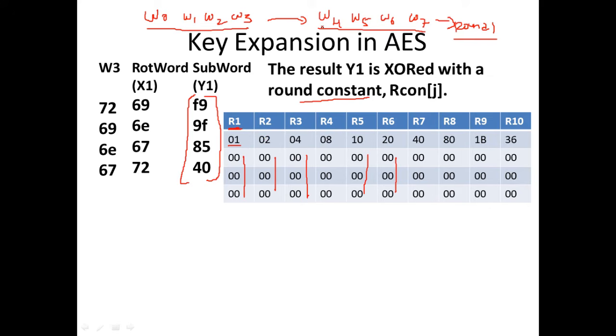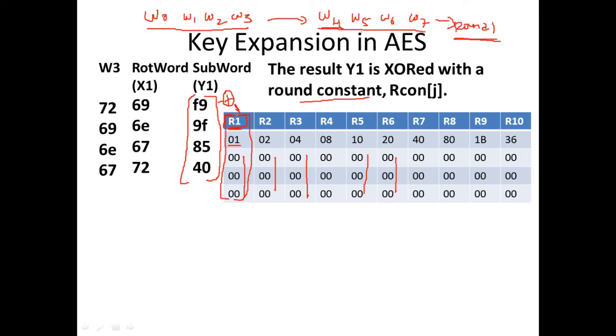Say now I am trying to find the value of W4, W5, W6 and W7, which is corresponding to round 1. So I will take the round constant R1. What is this R1? It is nothing but a word of 32 bits. So I will take this and perform an XOR of the round constant with the SubWord.